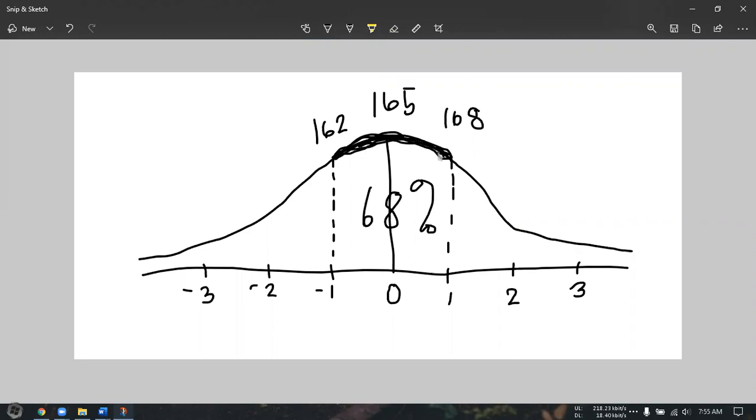That is the relevance of the standard deviation. It tells us what is the standard height, standard weight, or whatever. So any height below or above 162 or 168 will be abnormal. 168 above the normal, 162 below the normal.